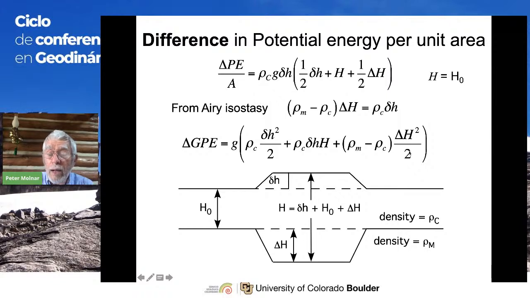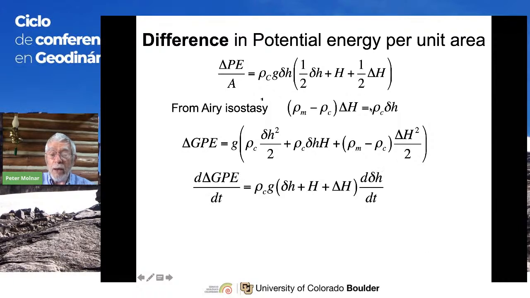Now you may wonder why I'm doing this, and this will become clear in a second, because I'm going to undo this in just a second as well. But the question to ask here is, what's the rate of change of gravitational potential energy per unit time, the rate of change in the difference in the gravitational potential energy between the high region and the low region?